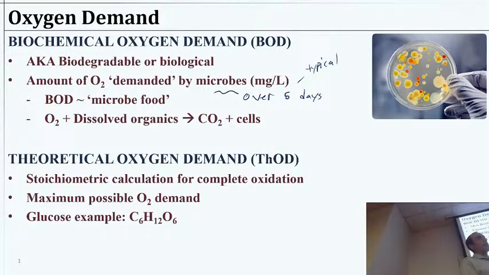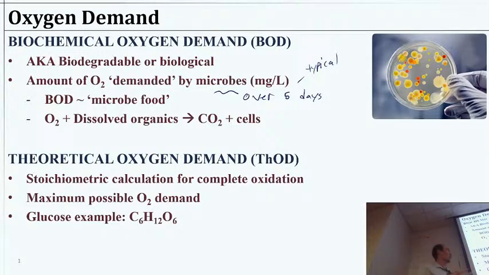So we can describe BOD then as a subset of the theoretical amount that some chemical compounds could exert if you converted it all to CO2. So a bigger picture, we could talk about the theoretical oxygen demand.